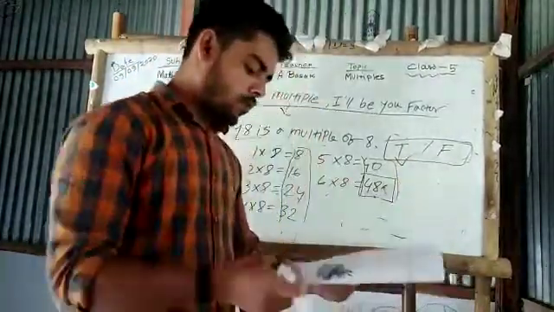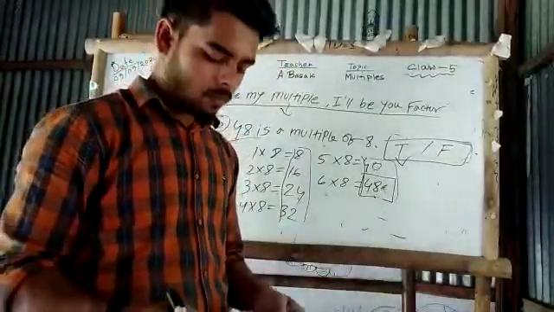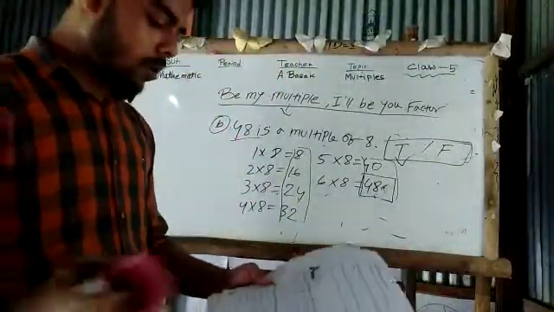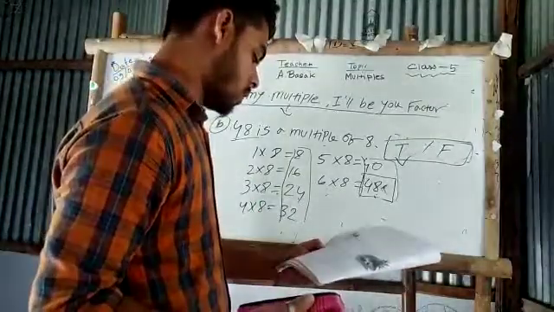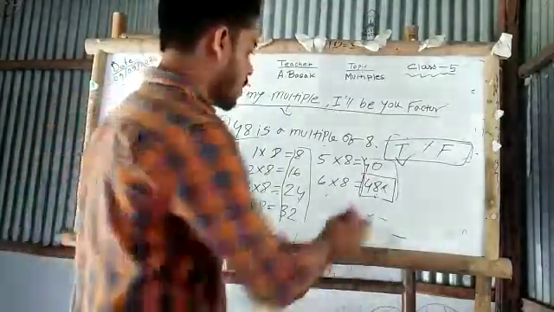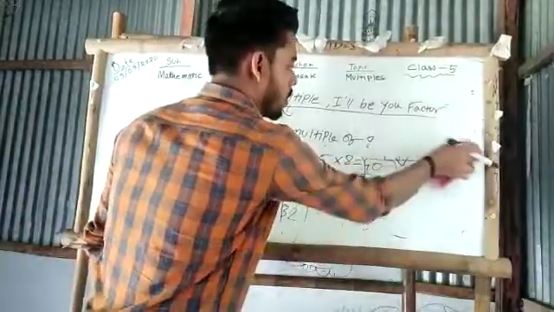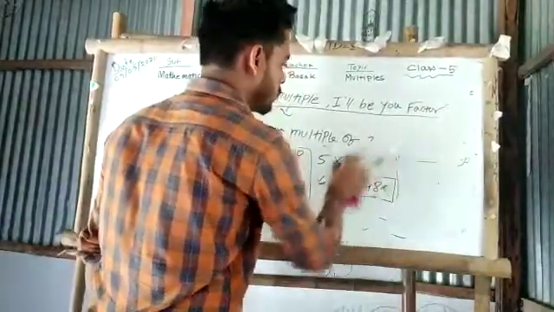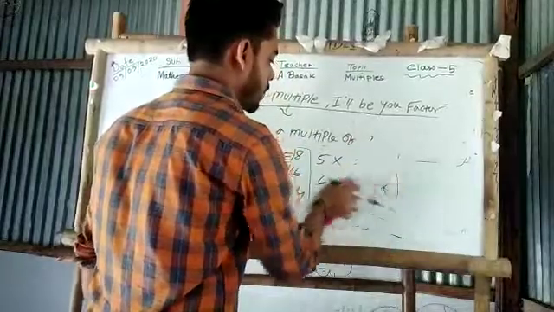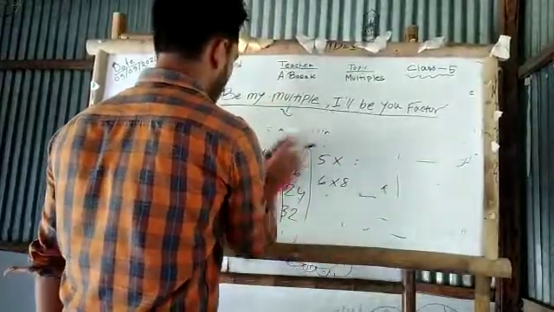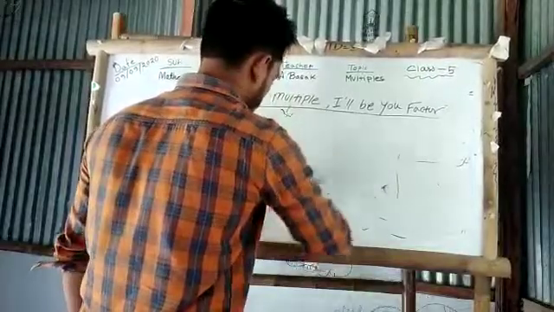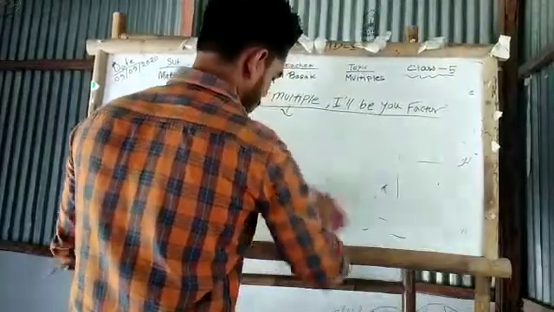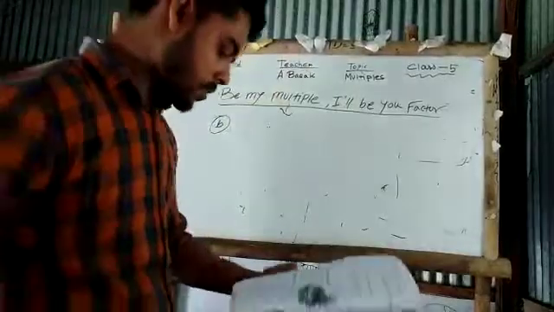Like that, you have 3 more questions. You have to determine whether the statement is true or false. I will write the homework for you. Let me write the homework.